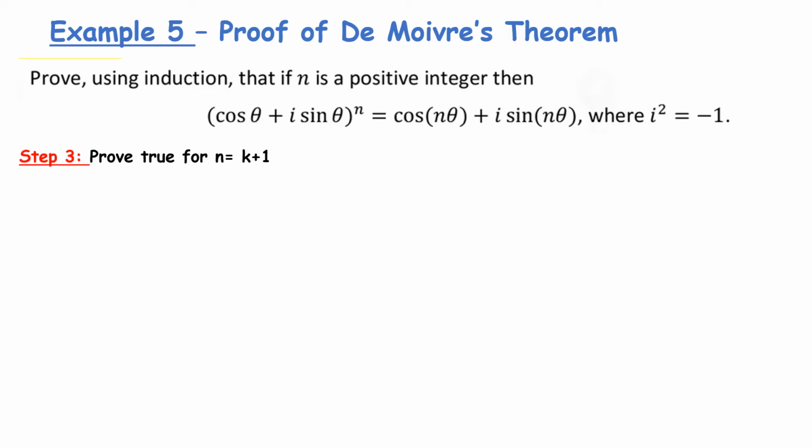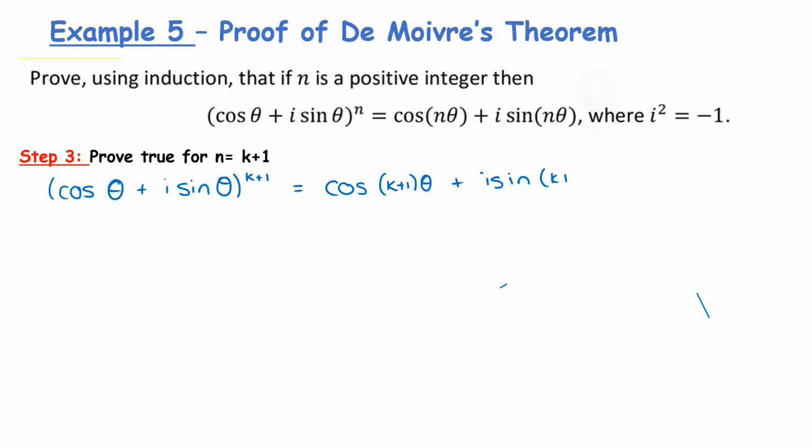So step 3 is we're going to prove true for n equals k plus 1. So we have cos theta plus i sine theta to the power of k plus 1. We want to show that that's equal to cos of k plus 1 theta plus i sine k plus 1 theta.